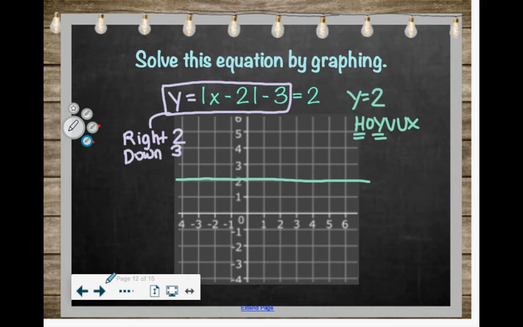So right 2 from 0, 0, 1, 2, and then down 3, 1, 2, 3. And then nothing else is different about our absolute value function. So it's going to keep going up 1, right 1 until it hits that line. And I know it's slightly on the edge of the graph. That's going to be at 7. So that's one answer.